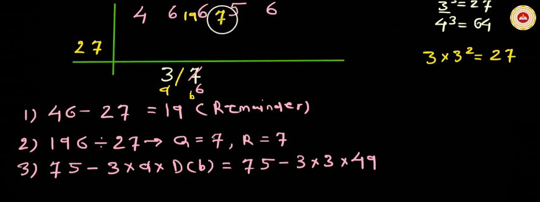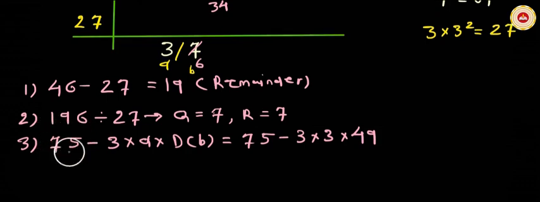So 7 plus 27 is 34. So let us write 34 here. Now read this as 345 because 34 is prefixed to 5. So this is our new gross dividend.